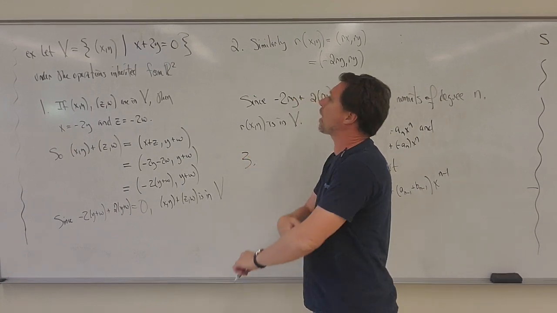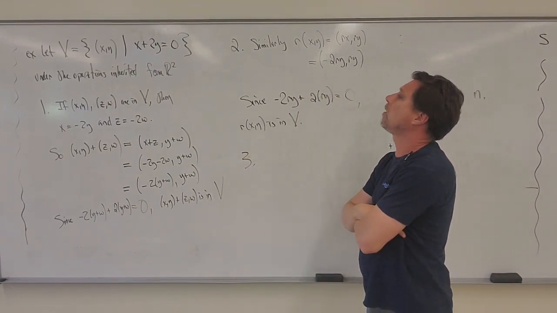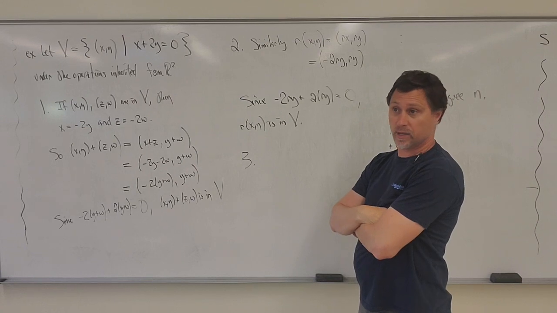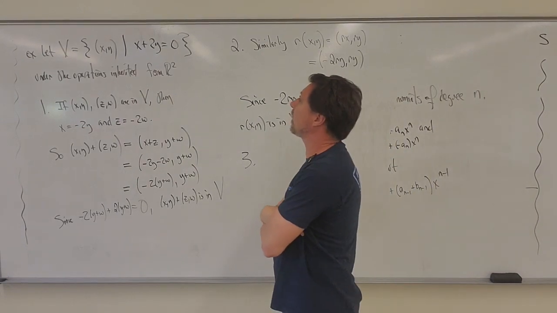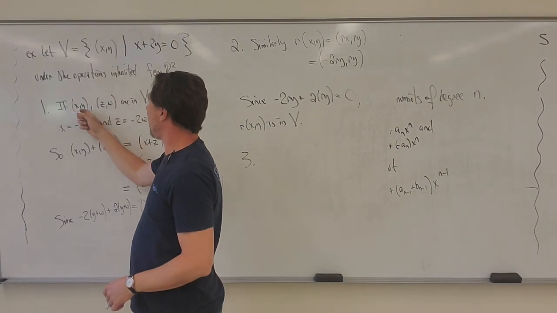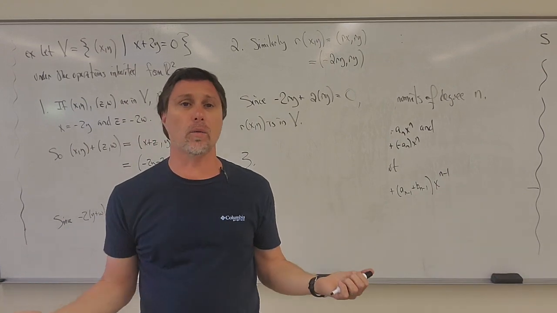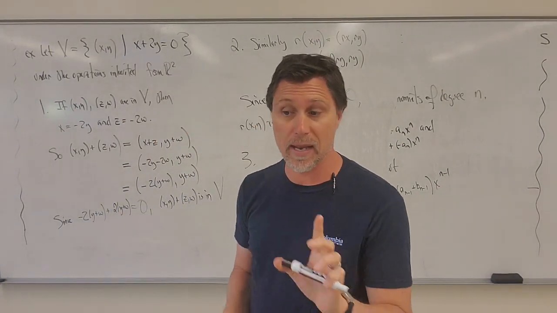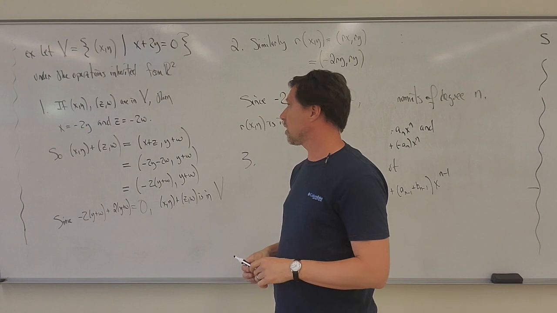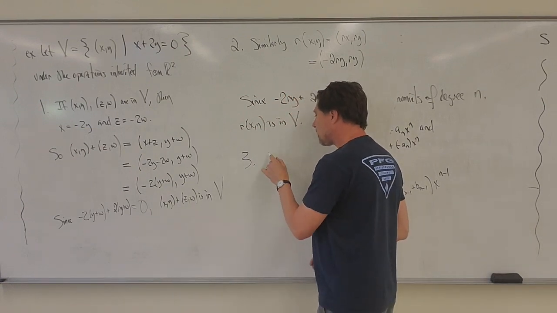All right, now let's think about property 3. Property 3, that's commutativity. So if I take two elements of R2 and add them together, it doesn't matter what order we do it. We already know that Rn is a vector space, so there's nothing to check here.